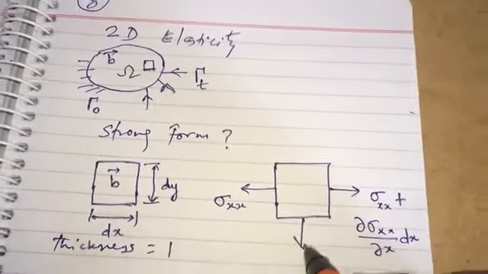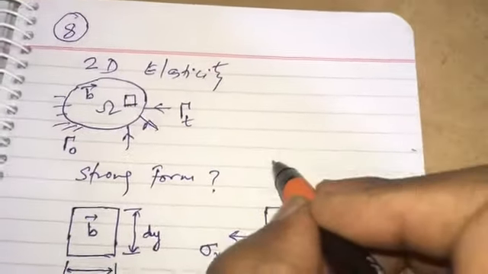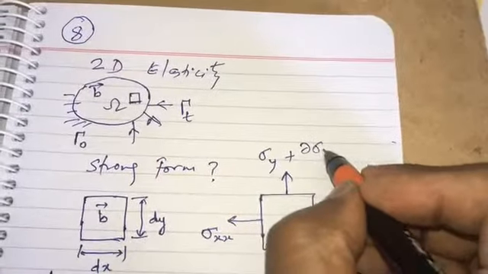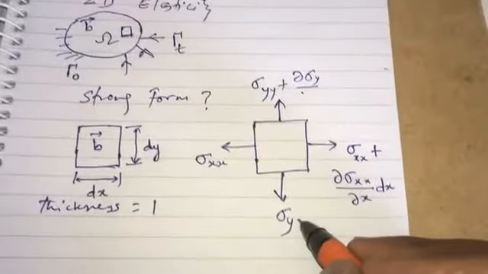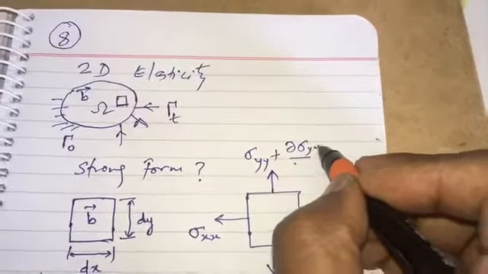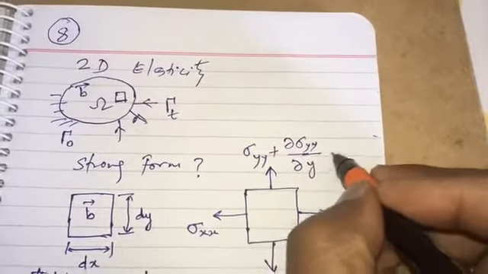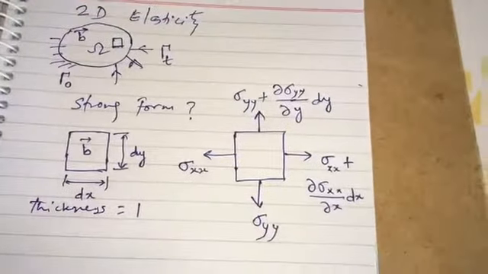Similarly, here it will be sigma yy, and here sigma yy plus del sigma yy over del y times dy. So these are the normal stresses which will be there.